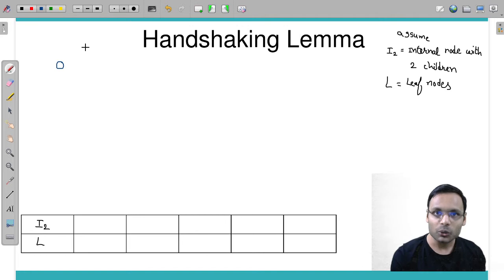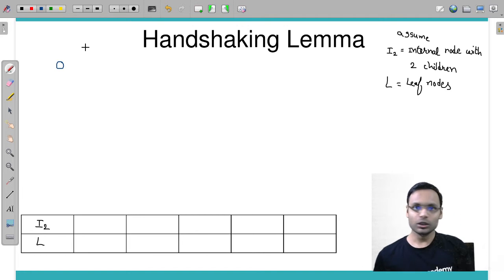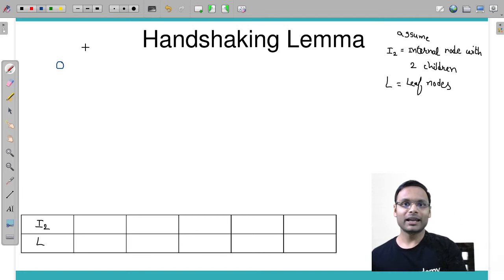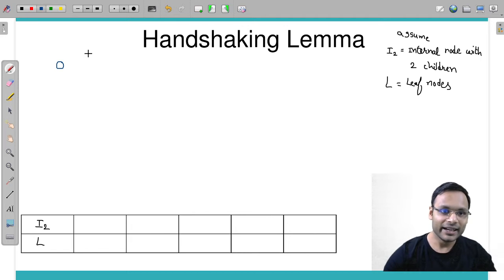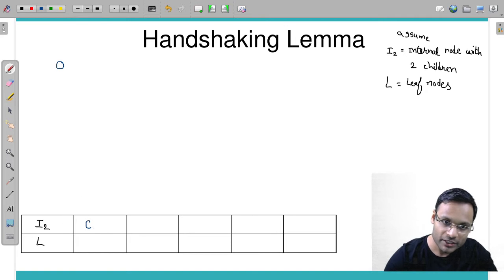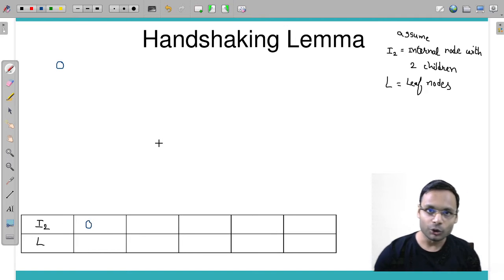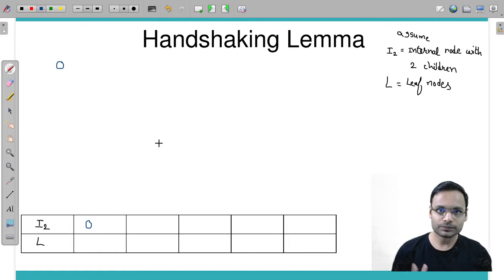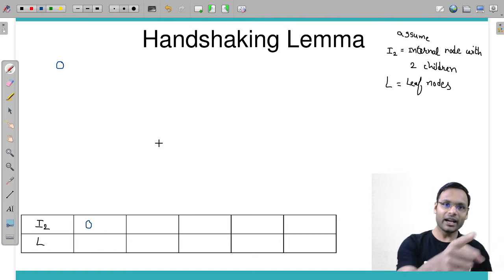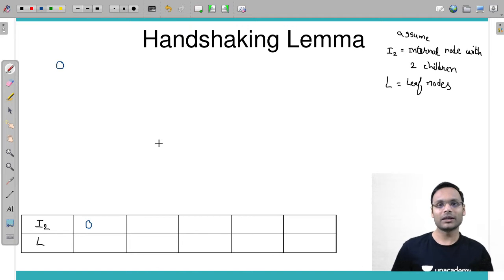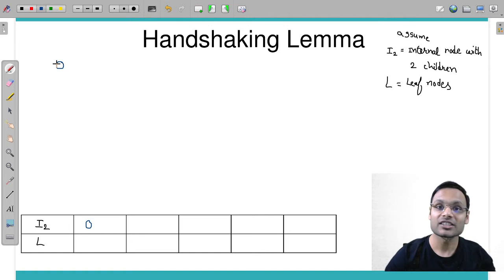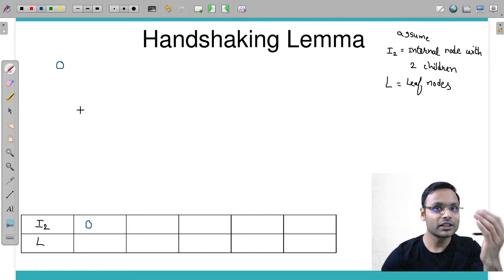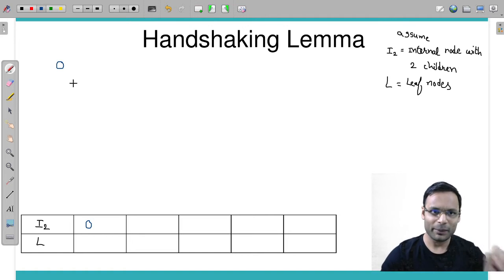No. If it has no child, can I say the number of internal nodes with 2 children is 0? Yes. And how many leaf nodes do we have in this tree? 1. Is this a leaf node? Yes, just because it is not having any children. This is my base case.